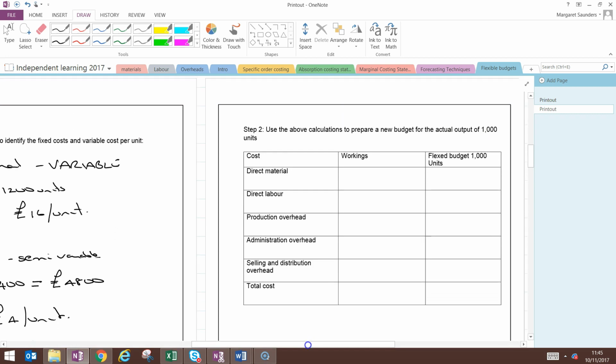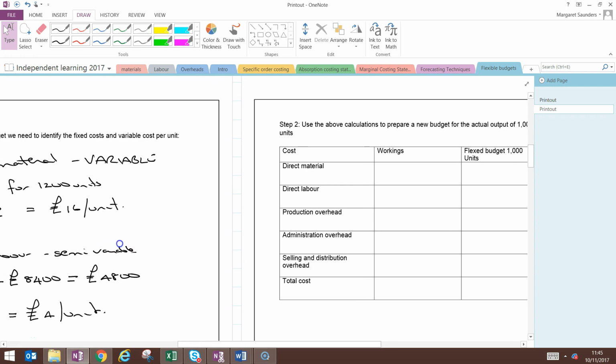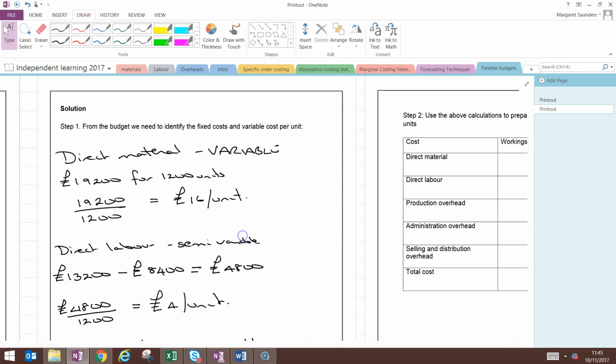Step 2 is to now use these calculations to prepare a new budget for the actual output of 1,000 units. So if we start with the direct material, we know that our direct material is variable and it is £16 a unit.